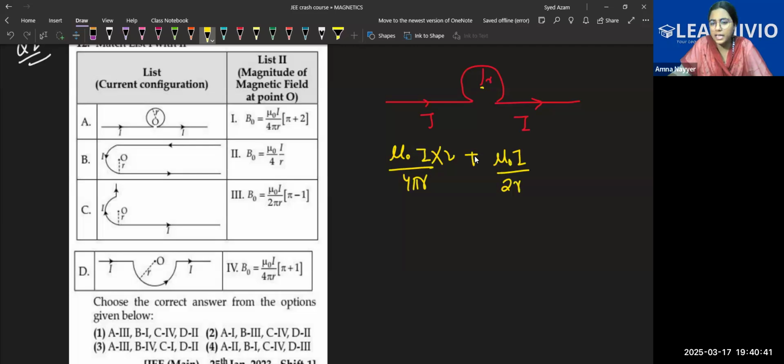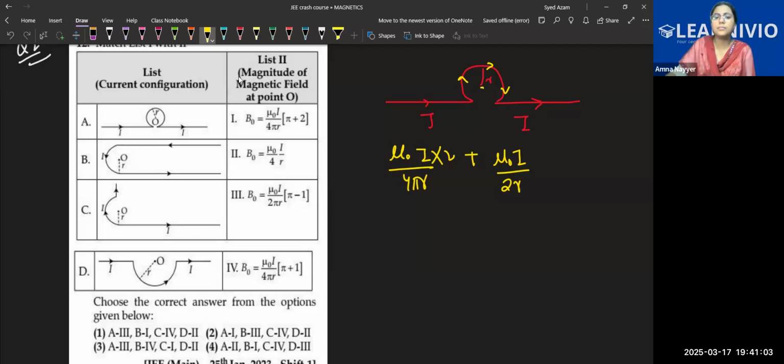Now let's check the direction so that we can see whether to add or not. The current is moving like this. With the right-hand curl, the field for the wire is outwards at the point. For the circle, the curl puts your thumb inside.